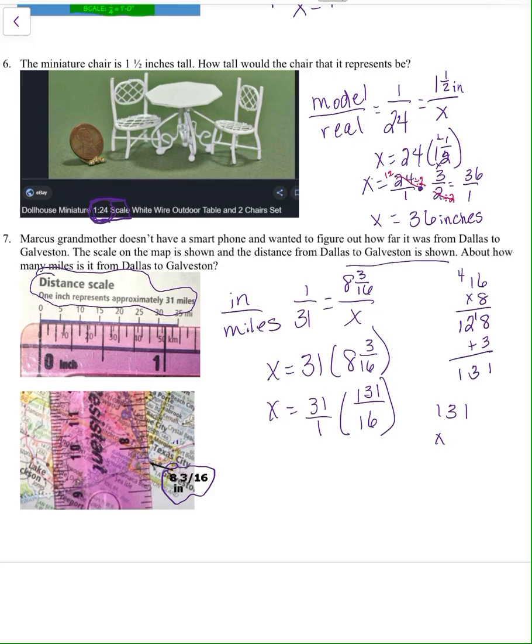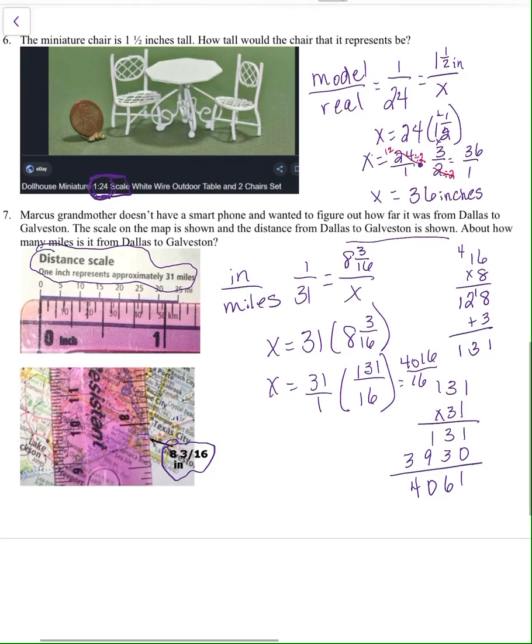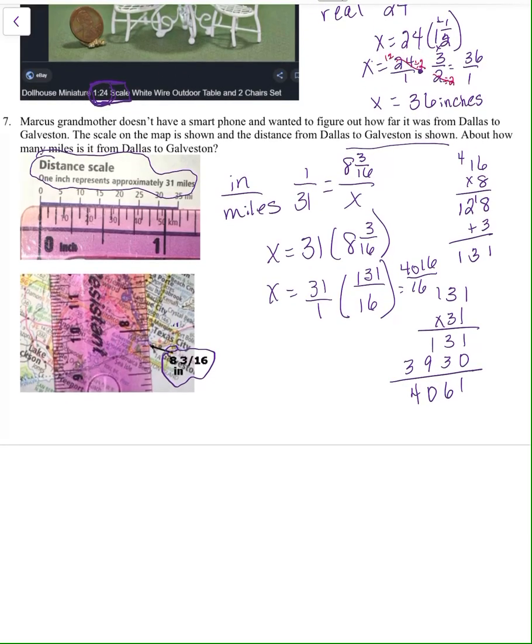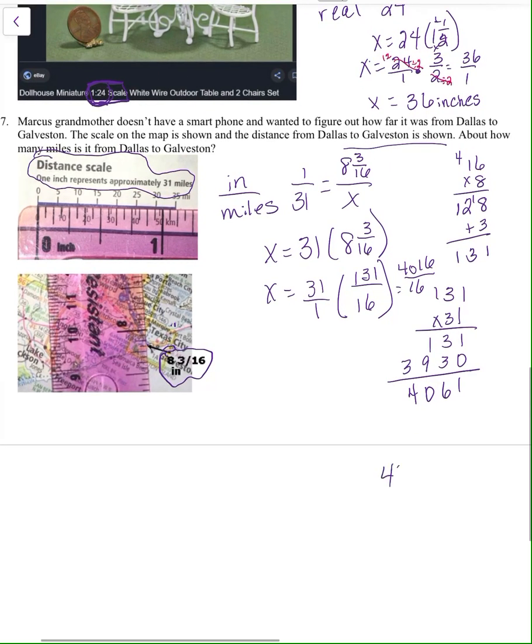We're going to multiply straight across, so it's going to be 4,061 over 16. Now we're going to have to divide that. I bet y'all are glad I'm doing this, huh? I should have just made that 31, 32. Then it'd have been a whole lot easier.